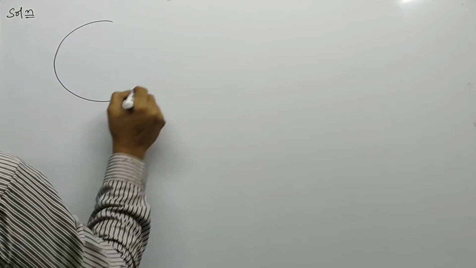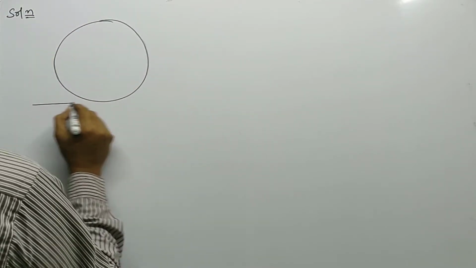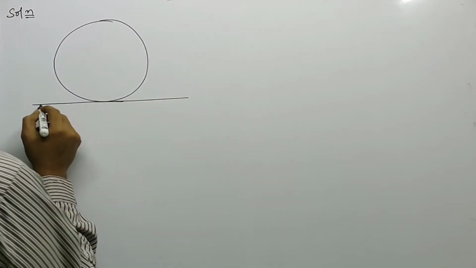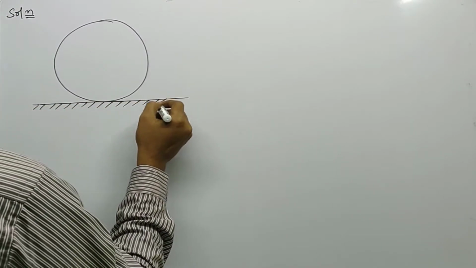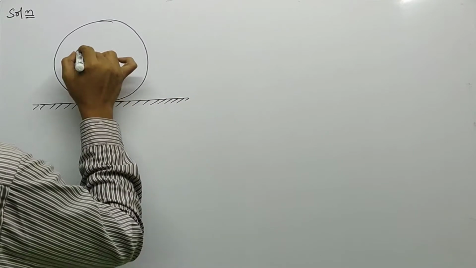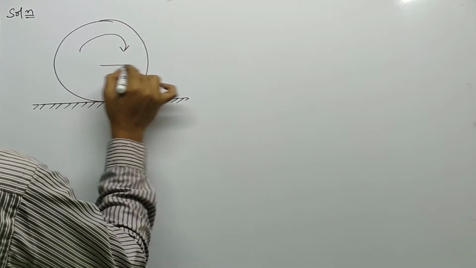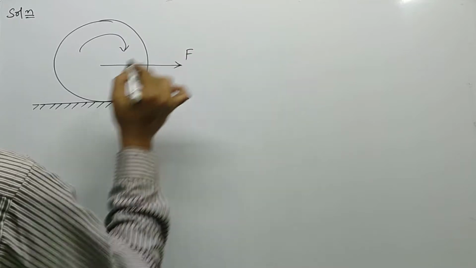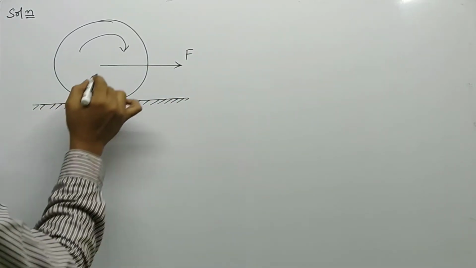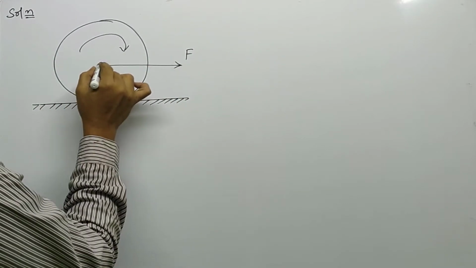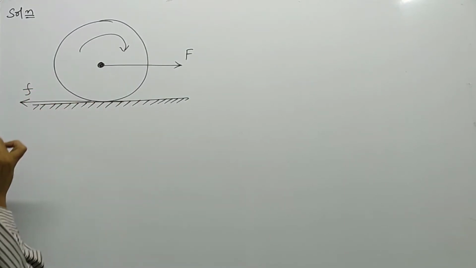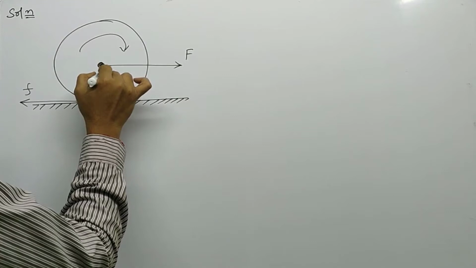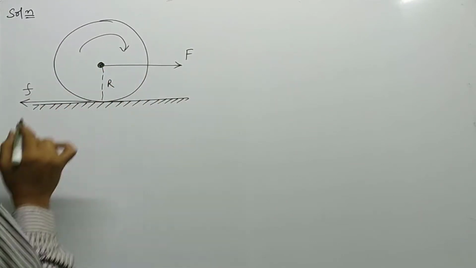When a cylindrical roller is rolling on a horizontal surface, and a force capital F is applied on this cylindrical roller, frictional force is developed in the opposite direction. So this is the radius of the roller.